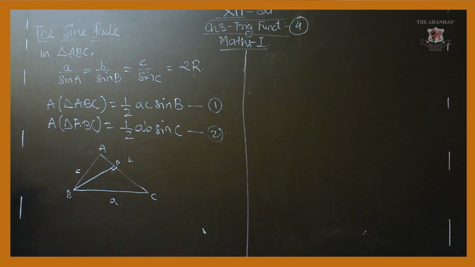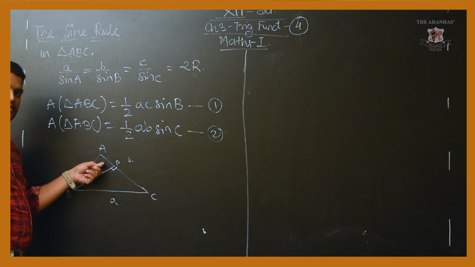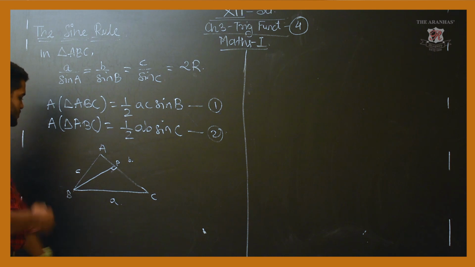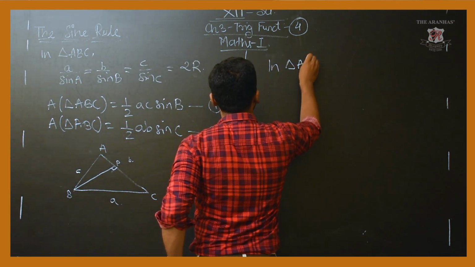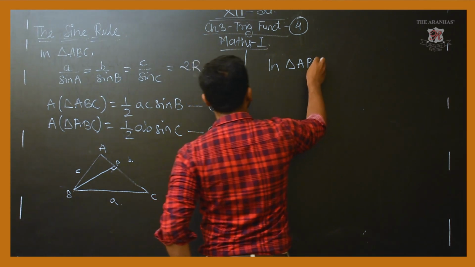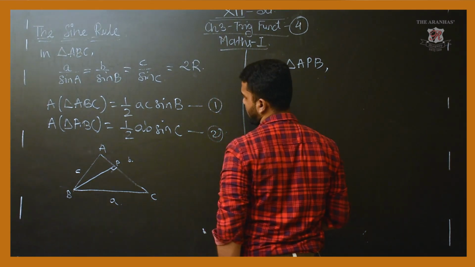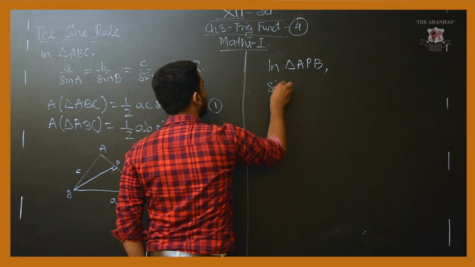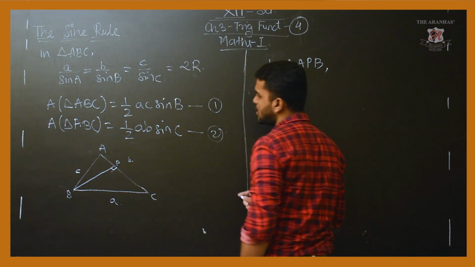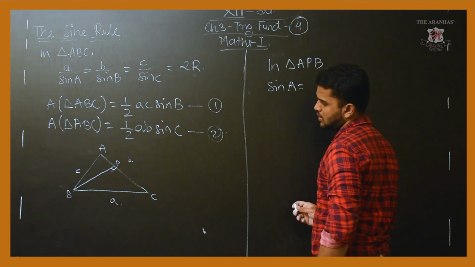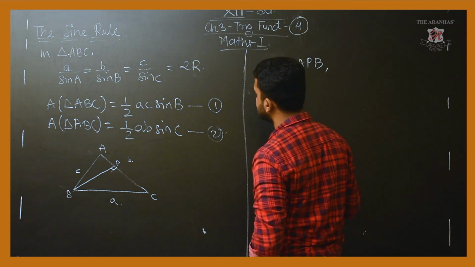Now, again we have formed two triangles over here. Let's use the first one. In triangle APB, sine of A is equal to opposite upon hypotenuse, right? So what is opposite?